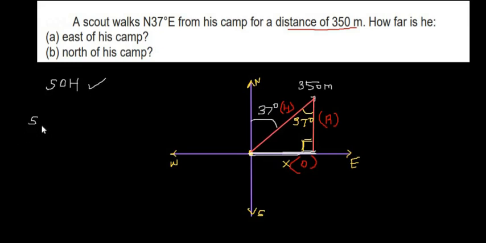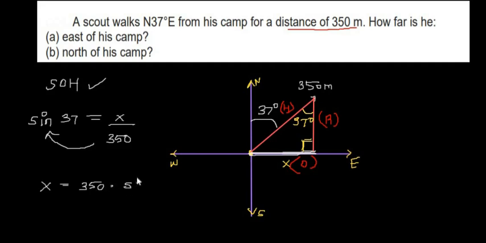We write sine of 37 degrees is equal to x over 350. So to find x, the 350 gets multiplied with sine 37, and we write x equals 350 multiplied with sine 37 degrees.